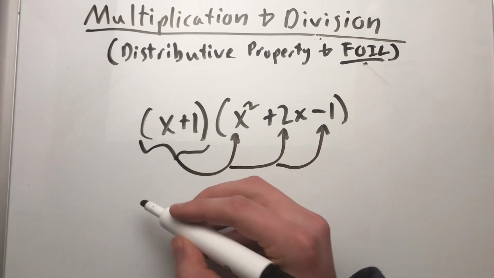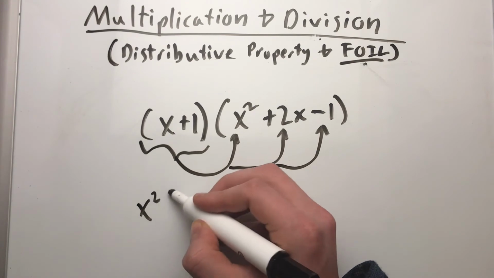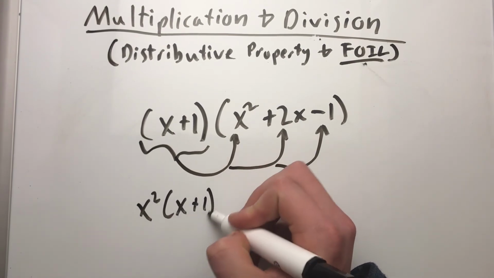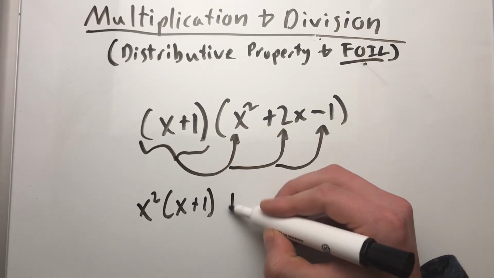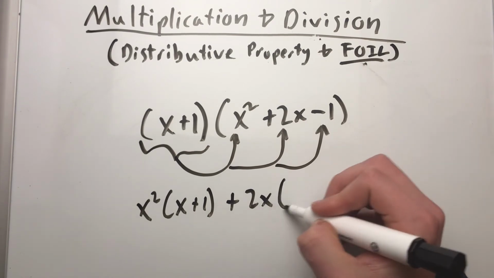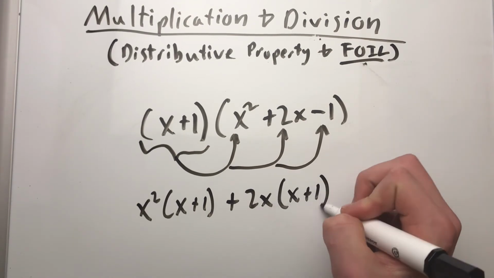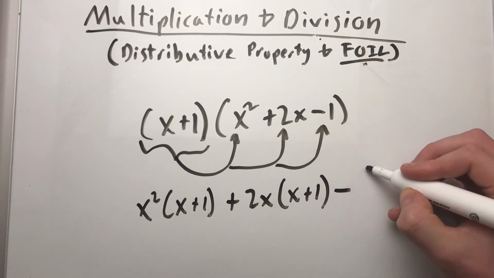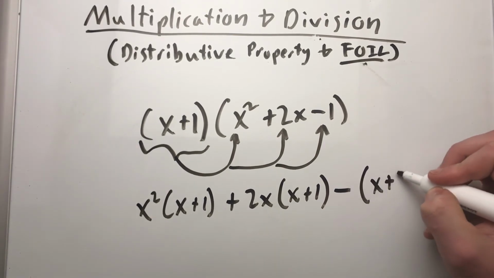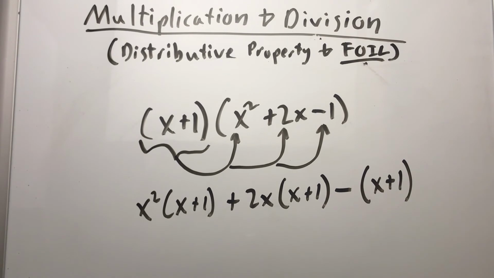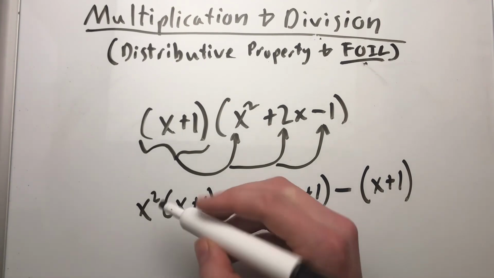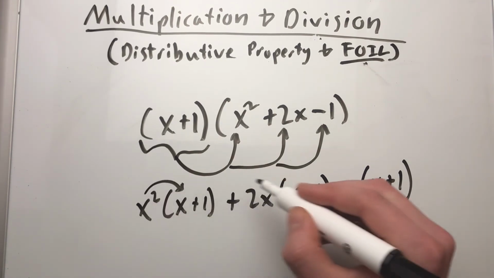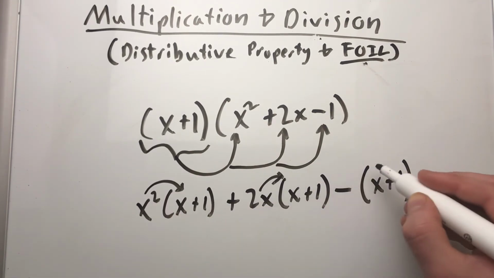So we'll get an x squared times an x plus 1. We'll get a 2x times an x plus 1. And then we'll get a -1 times an x plus 1. Okay. What do we do next? We do the distributive property again with each of these.